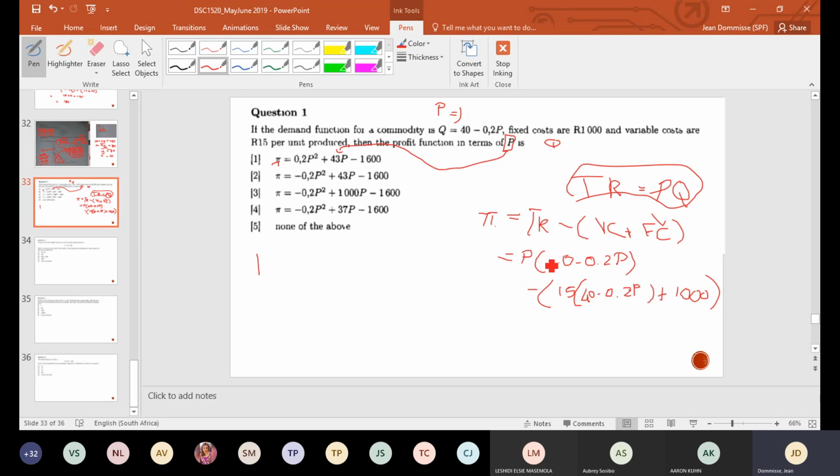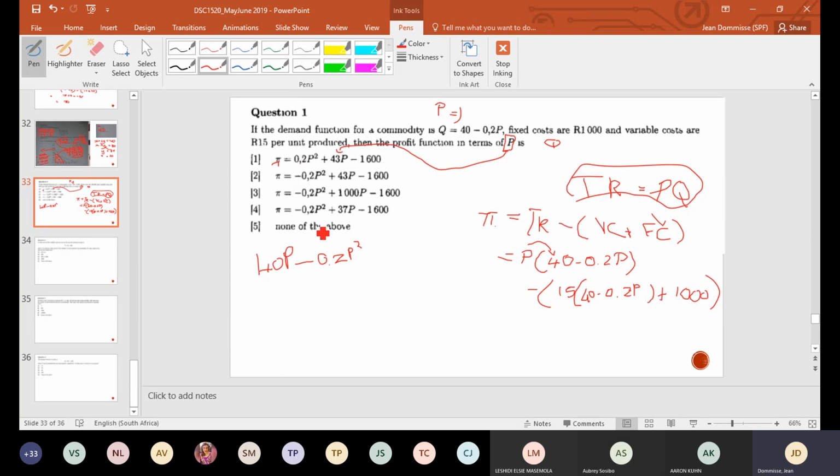So let's quickly check. It would have been 40p as you multiply that in, minus 0.2p to the power of 2. So in there, there's not going to be a square.